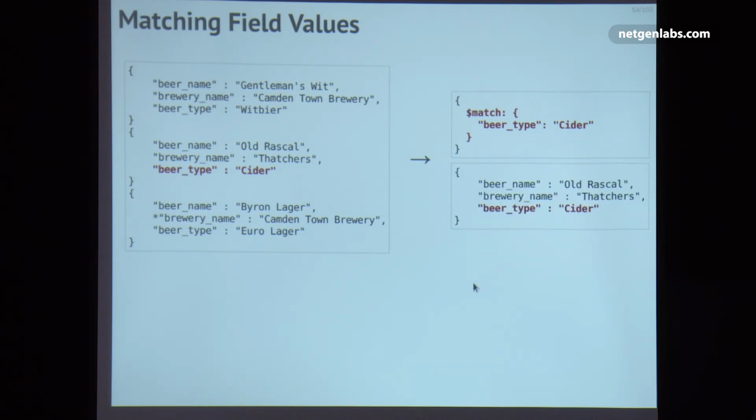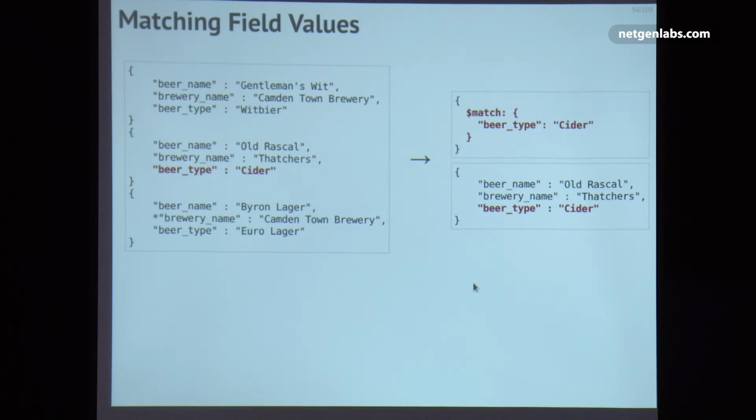So match is often the first operation you use in a pipeline, but it doesn't have to be. Sometimes, after you do a group by, you can do another match. Like you do a group by to count the average rating for a beer type, and then I do another match to make sure that only the beer types with the highest average ratings are being matched. So match you can also run multiple times.